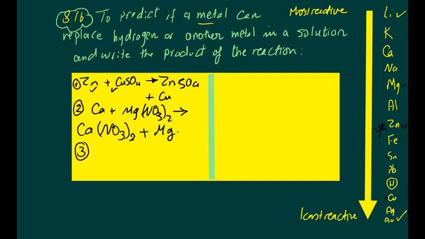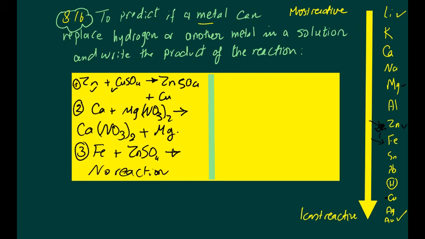Let's take another example: Fe plus ZnSO4. Looking at the table, you will see that Fe is coming after zinc, so Fe is less reactive. This means that Fe cannot replace zinc, so you can say no reaction here.